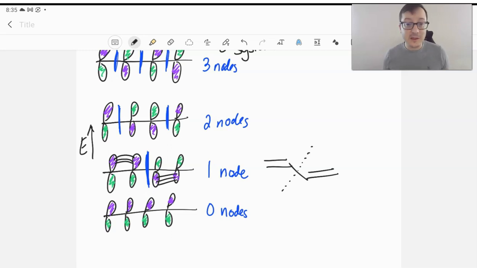And that's how we normally view butadiene, as having this one node. The 0 node one actually looks just like one of our hybrid resonance models, where we have our 4 carbons, but they're all sharing the electrons equally. With no nodes, the electrons are freely dispersed throughout the entire molecule.